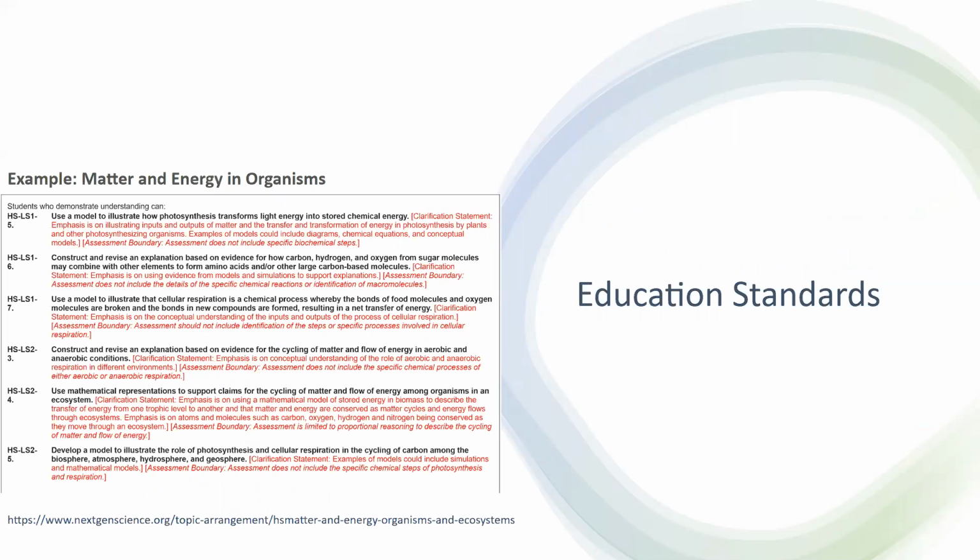So for creating these lesson materials, activities, and assessments, we needed something to work off of. So we decided to look up education standards for our material. As shown on the left, the first standard is to use a model to illustrate how photosynthesis transforms light energy into stored chemical energy. Well, this is pretty simple.